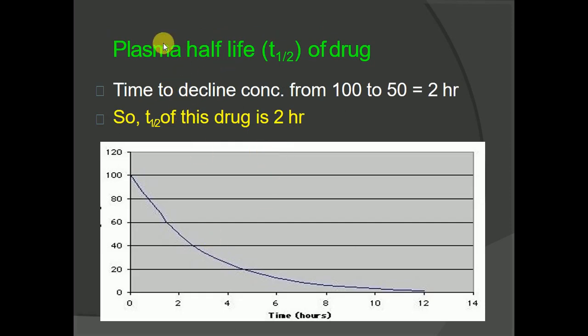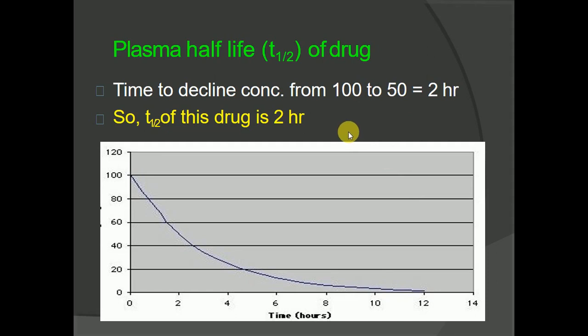For example, plasma half-life T1/2 of a drug: this is the time to reduce the concentration of the drug from 100 to 50, in 2 hours. So 2 hours is the time required for this drug's peak plasma concentration to be reduced by 50%, half of its original concentration.